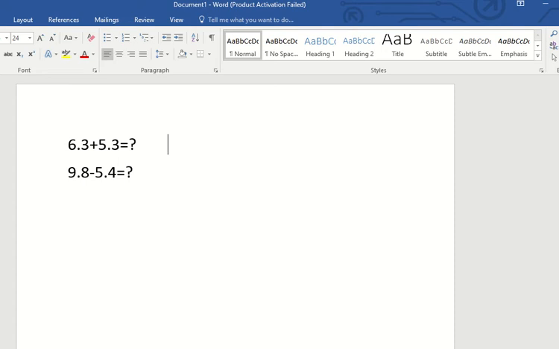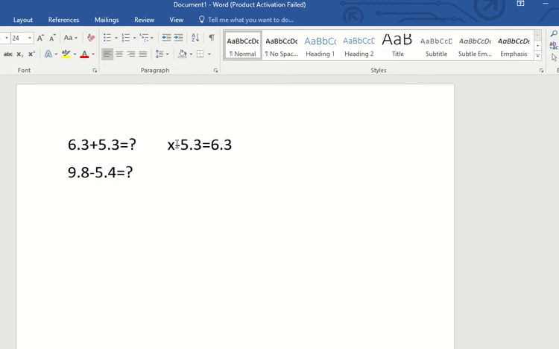I will write it as x minus 5.3 equal 6.3. Is this equation the same as the other equation or not? Will they both give me the same answer or not? What do you think?